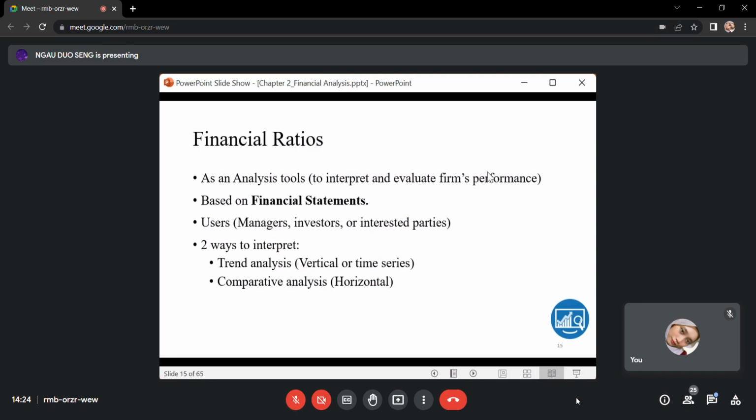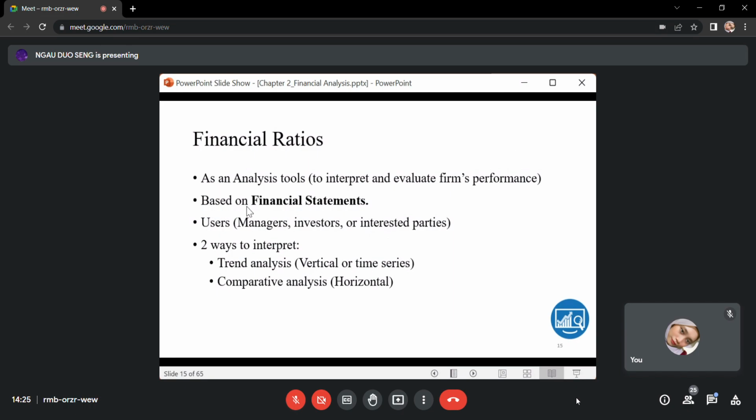So we use ratios. Just because the CGPA is 3.8, that's why I say she is good. Same with the company, we use ratios to help us decide whether the company is good or not good.